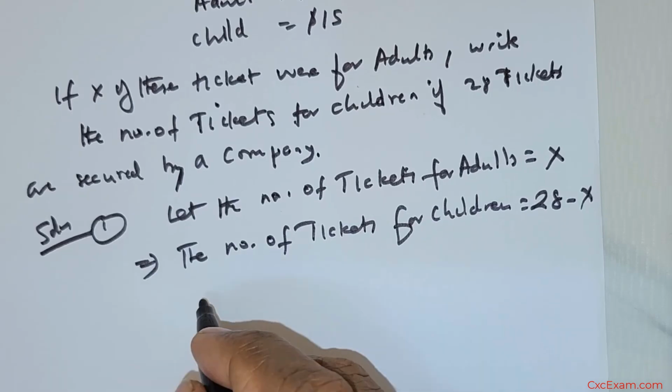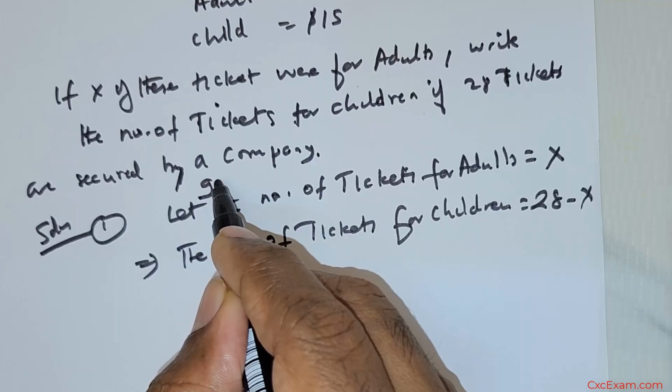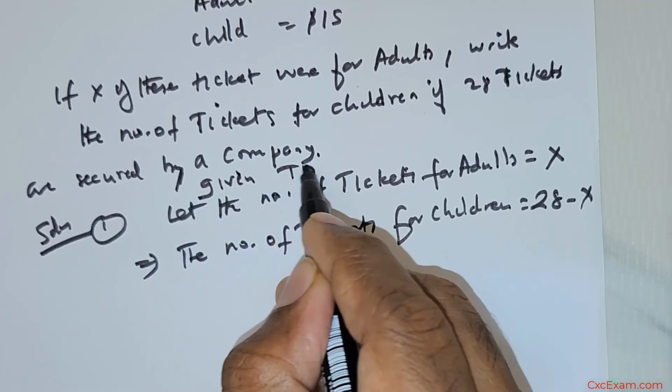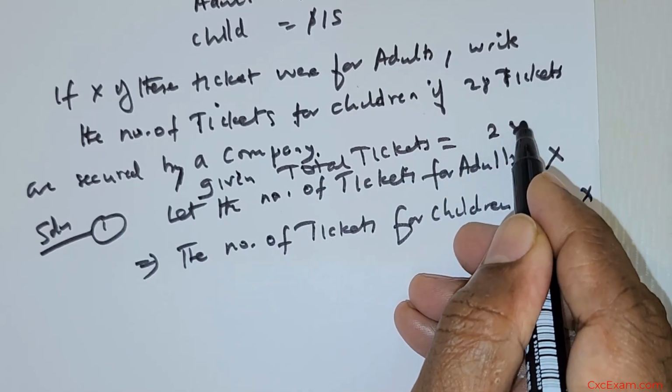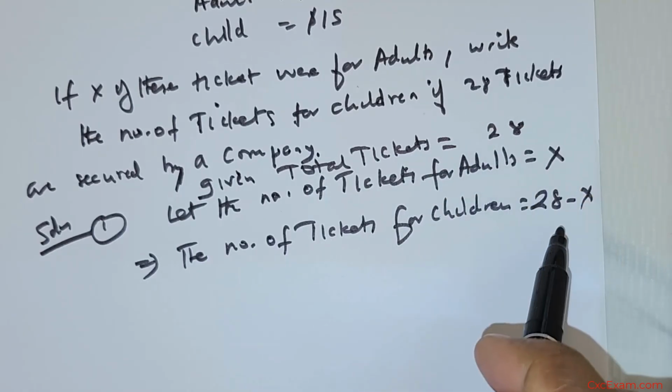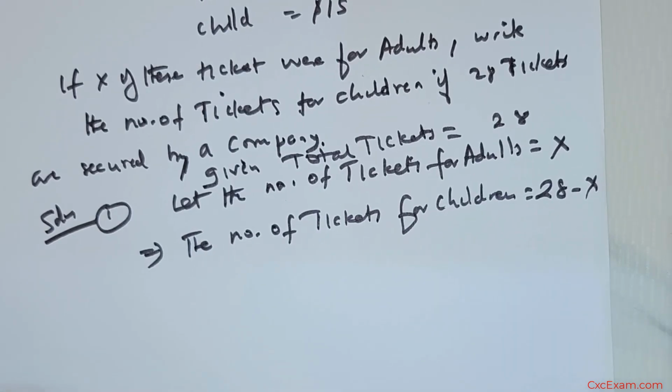Because total tickets is equal to 28. So you can state that here, given total tickets is equal to 28, right? So from 28 you take away X, that will give you the number of tickets that are allocated for children.